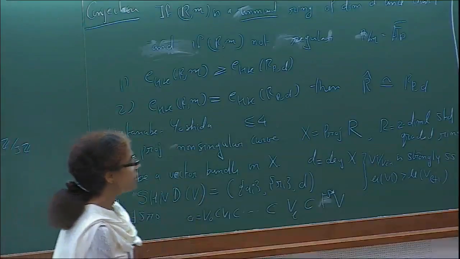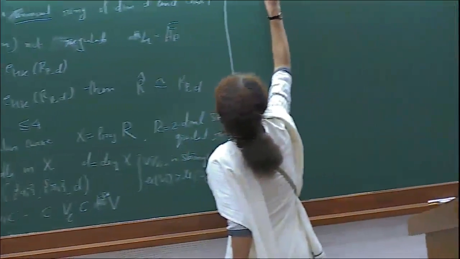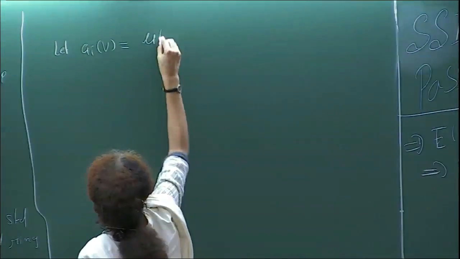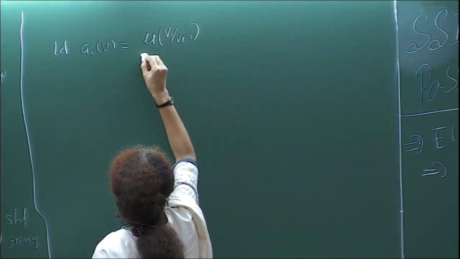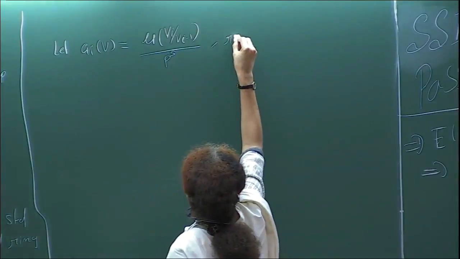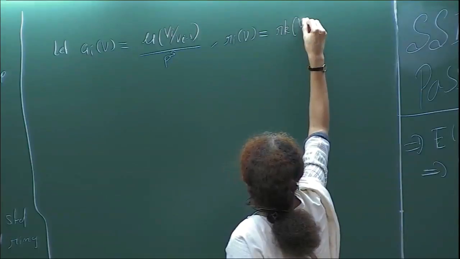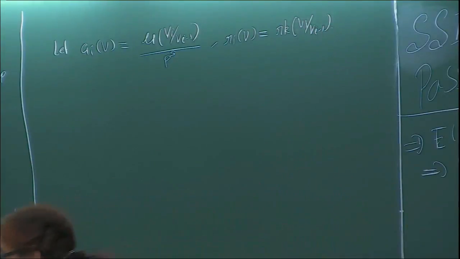To go to that state now, let the number a_i of V be mu of V_i upon V_{i-1}, normalized by p^s, and r_i of V be the rank of V_i upon V_{i-1}.